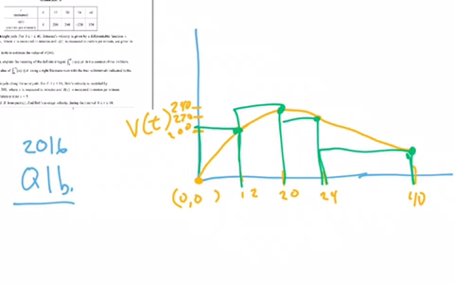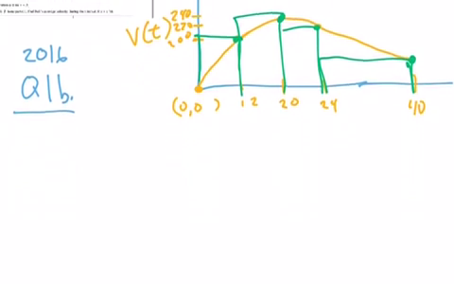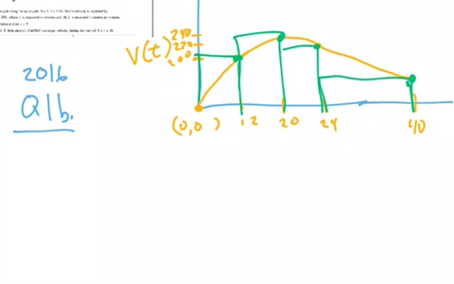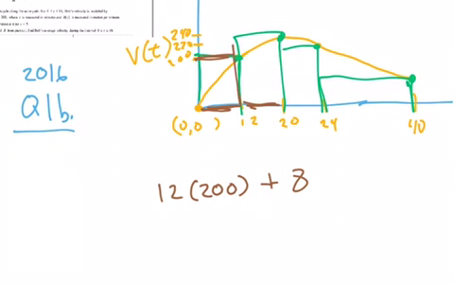If I'm going to calculate this, you don't have to draw the picture, but if it's confusing, draw the picture. The base is 12 and the height is 200 for the first one. Then the base is 8 and the height is 240.